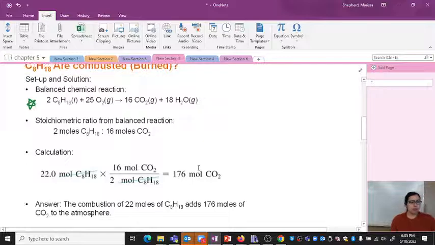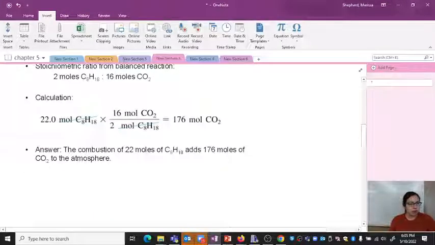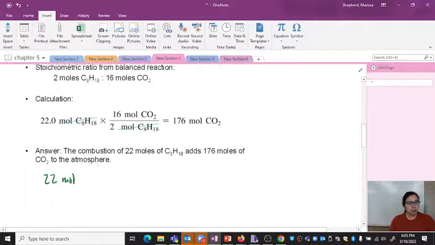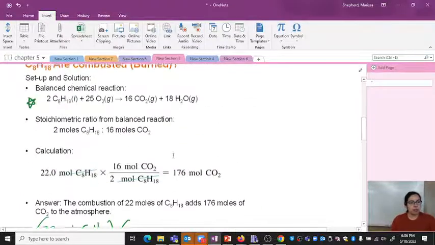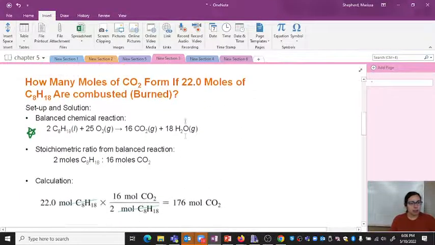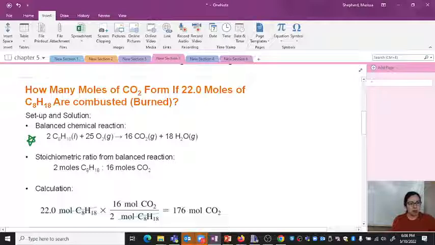All right, so just like before, I'm going to redo it even though they drew it out for us. We start with what we know. We have 22 moles of octane. Then we look at our balanced equation. I'm interested in CO2 and comparing that with our octane, so you can see they're in a 2:16 ratio.